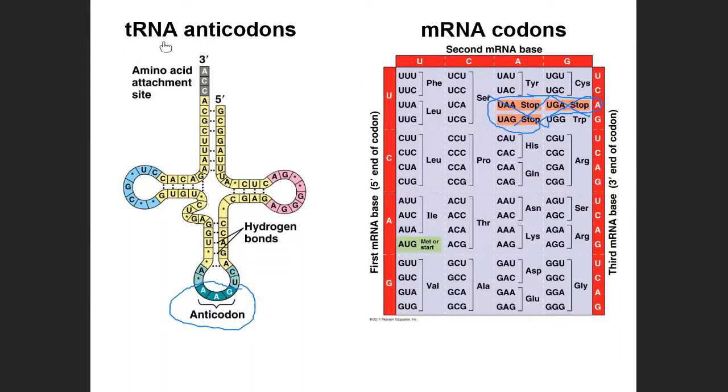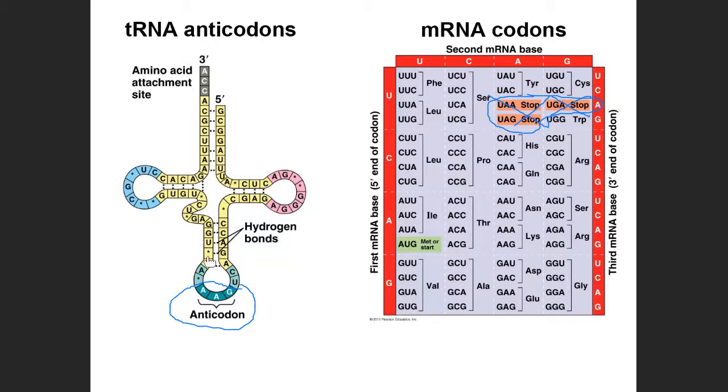There are no transfer RNAs that have an anticodon that complements a stop codon. Okay? This is what further ensures that the ribosome knows when to stop translation. It's going to be a different molecule that recognizes the stop codons. But again, you can see here's the anticodon AAG.